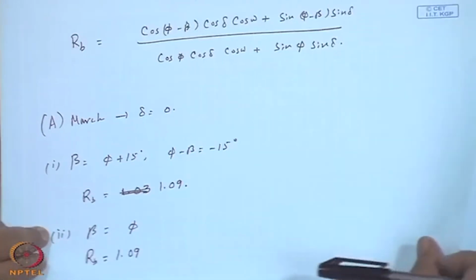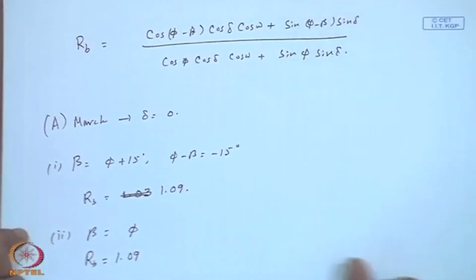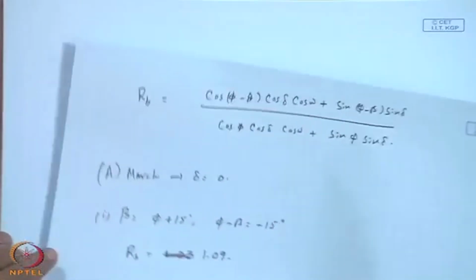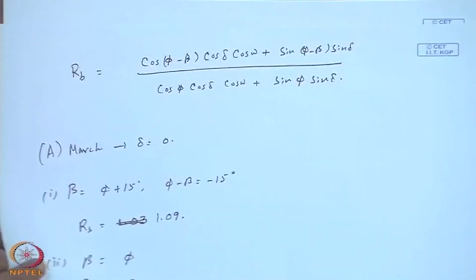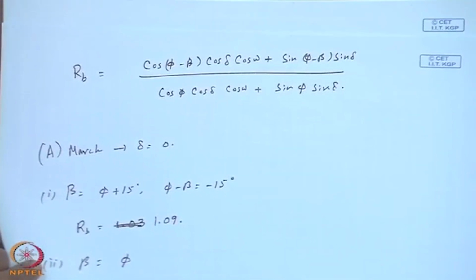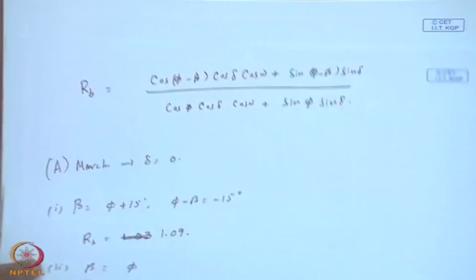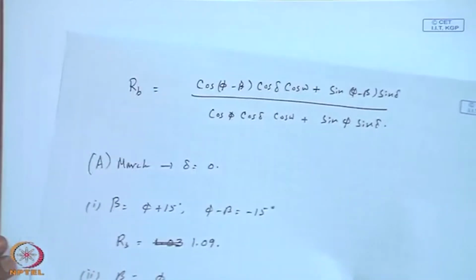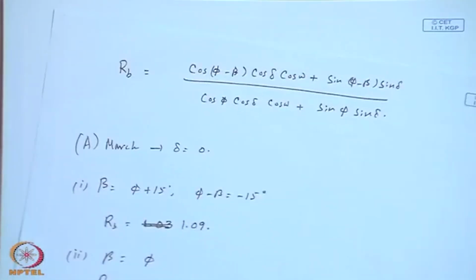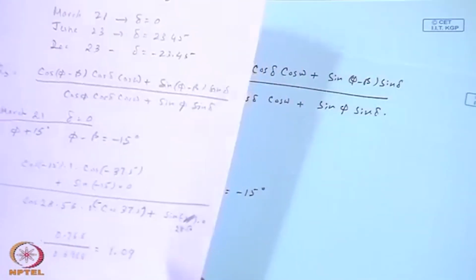We can check up that arithmetic a little later. Yeah, for different reasons it will turn out to be the same. You can just check, because delta being 0 or phi minus beta being 0.